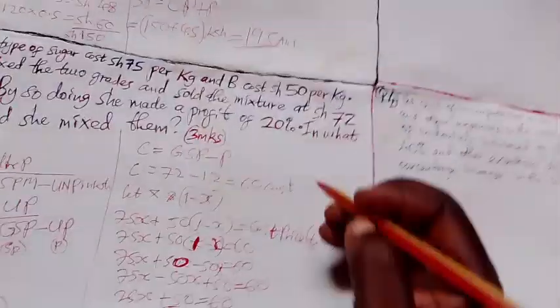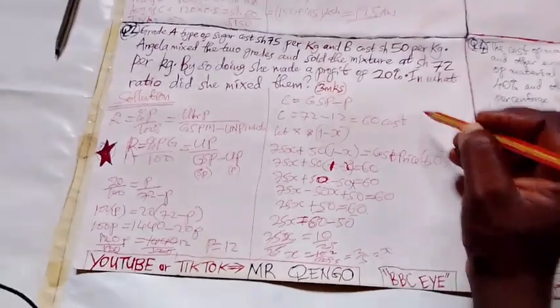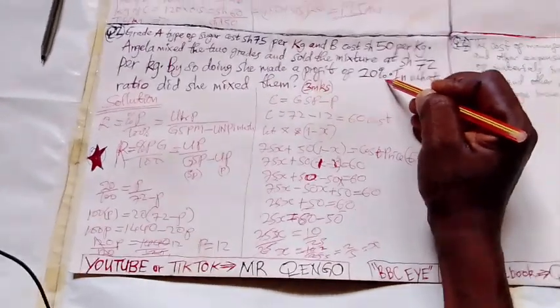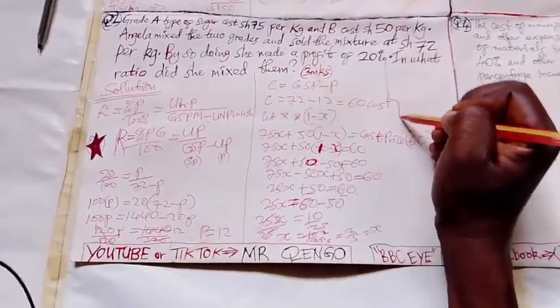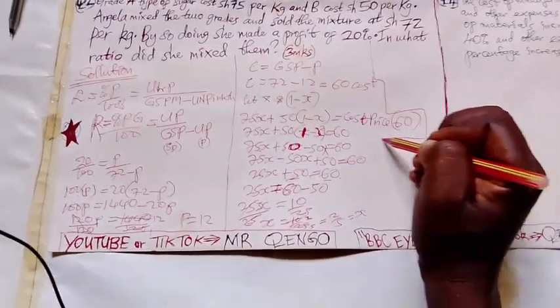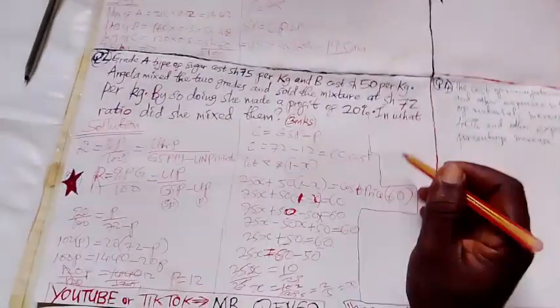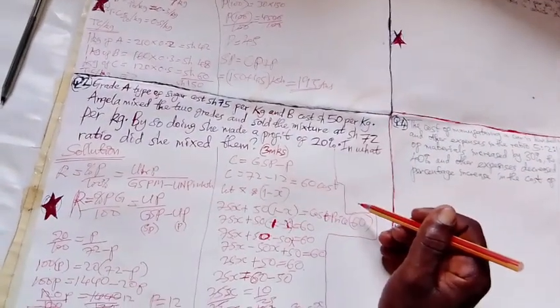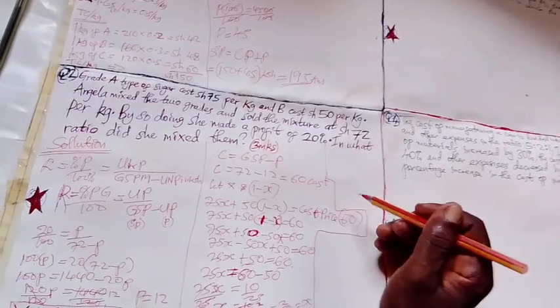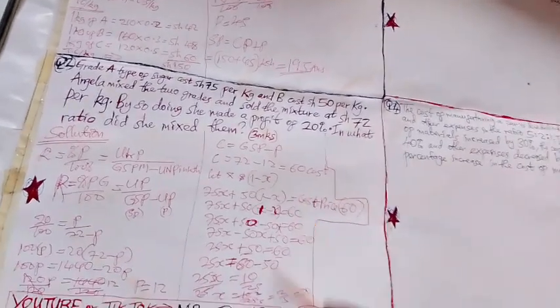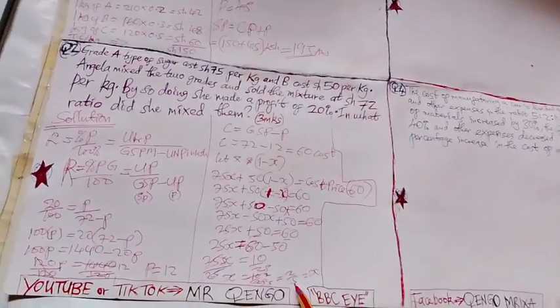Hence, let's extend our working. Therefore, grade A type of sugar is 2 over 5.